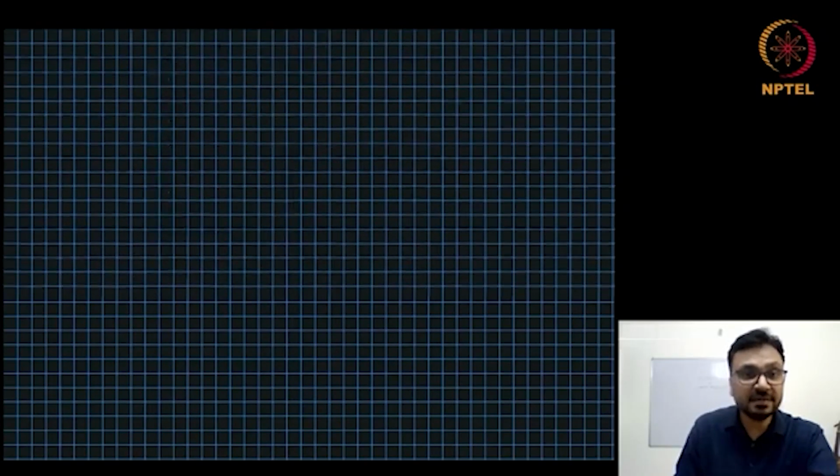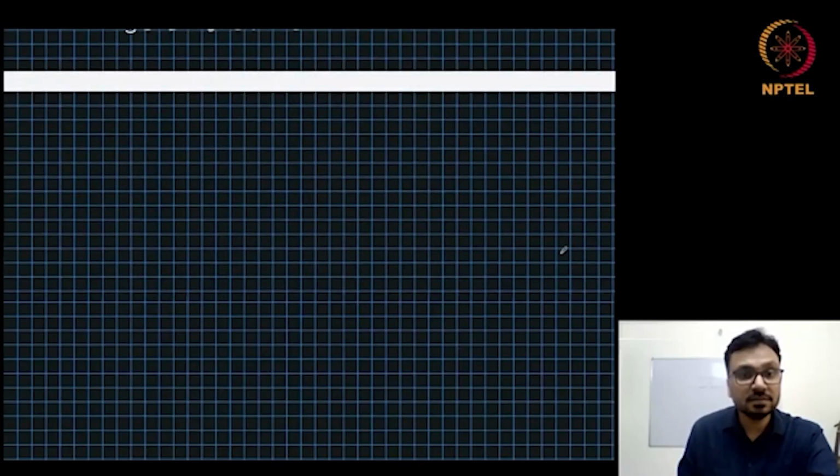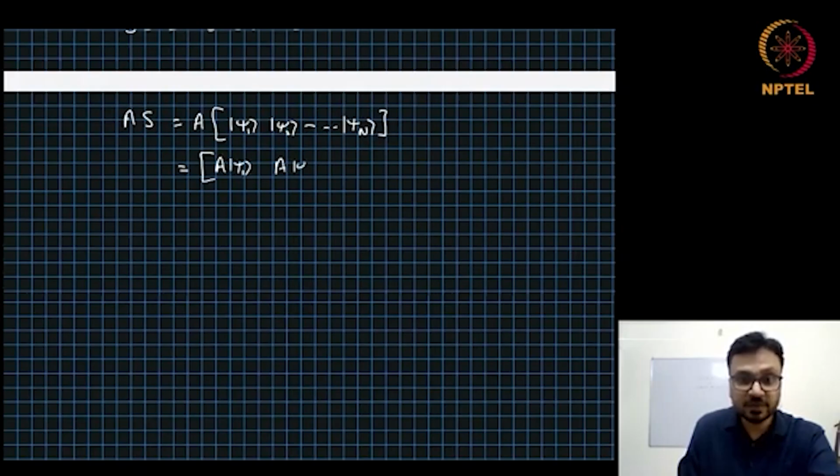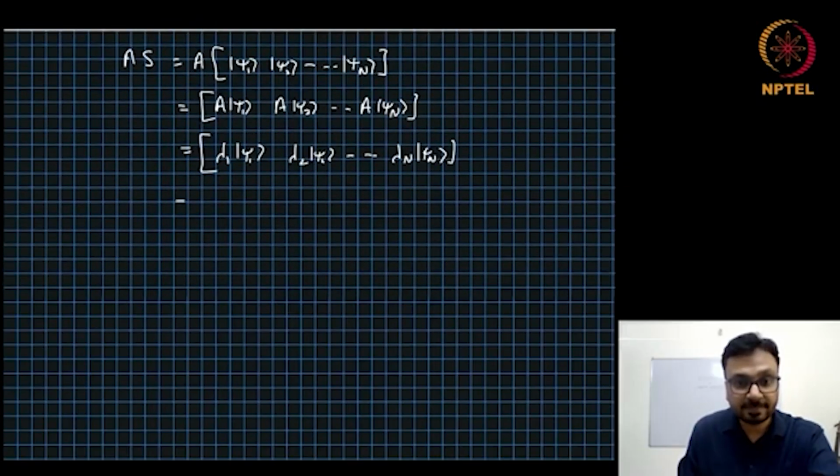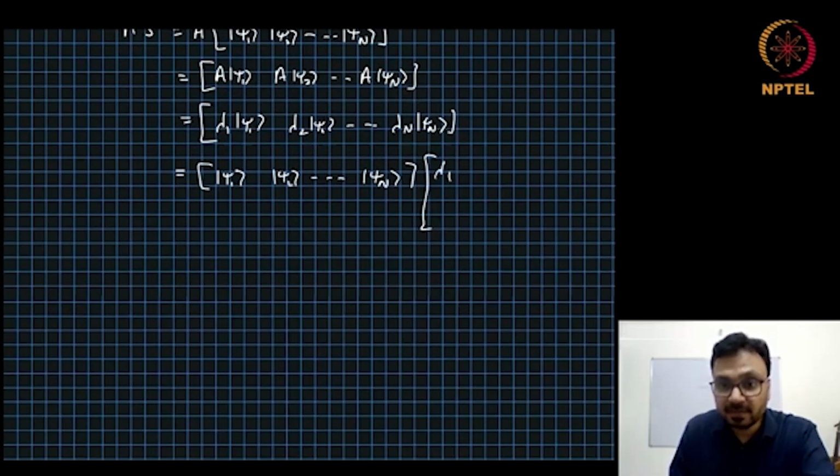So now let us simplify the equation. We get A S, which is A acting on psi 1, psi 2, psi 3, psi n, which, if we do the calculation, will be A psi 1, A psi 2, A psi n, which will be lambda 1 psi 1, lambda 2 psi 2, lambda n psi n, which will be psi 1, psi 2, psi n times the diagonal matrix with lambda 1, lambda 2, lambda n, where everywhere else it is 0.